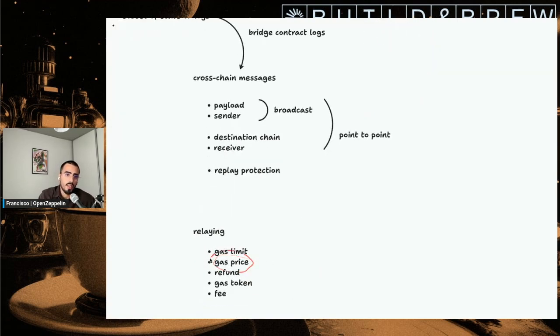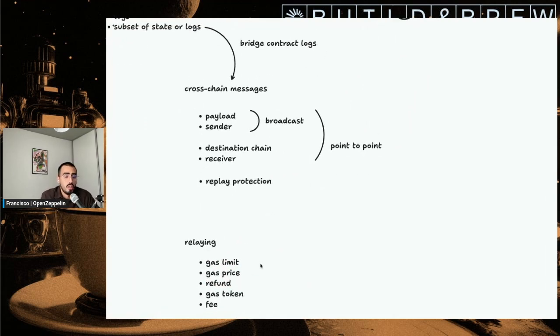And then we're going to have to specify the gas price, right? We're going to have two separate chains. They're going to have different gas markets. So the price is going to be different on the source chain and destination chain, right? So we need to specify it. And we can't just ask, okay, tell me what the gas price is on the destination chain, because this again requires cross-chain communication, right?